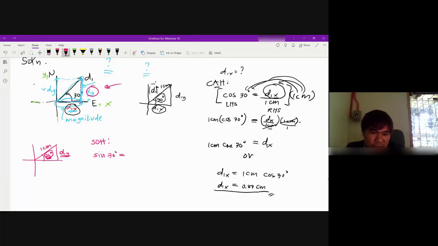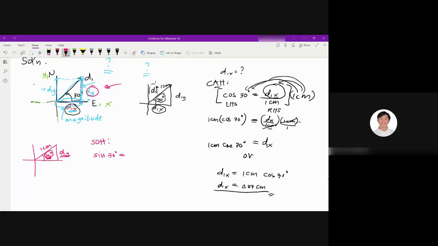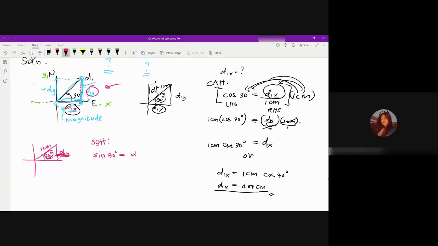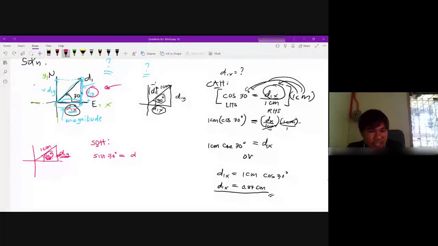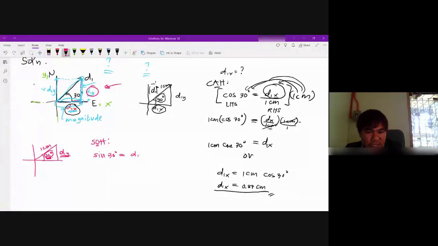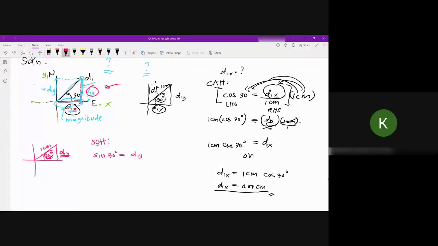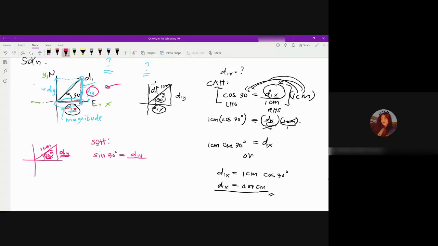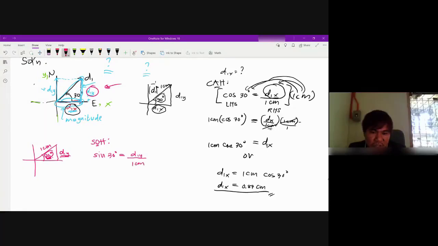That should be equal to the opposite over the hypotenuse. Unsay opposite ani nga angle? This is the opposite, di ba? The opposite side is actually d1y over 1 cm hypotenuse.